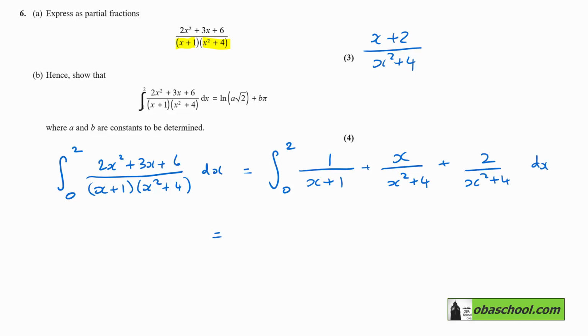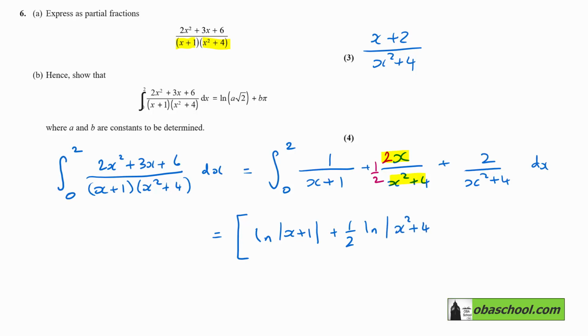So that's going to give us natural log of x plus 1. And then with this next part being a half of 2x over x squared plus 4, 2x is the differential of the x squared plus 4. So we're going to have a half ln mod x squared plus 4.